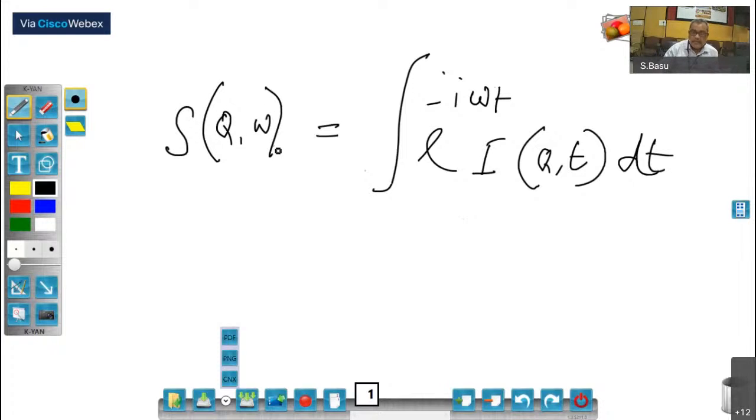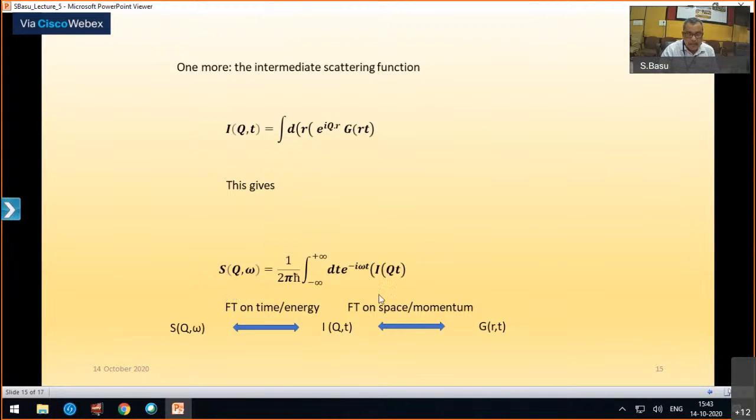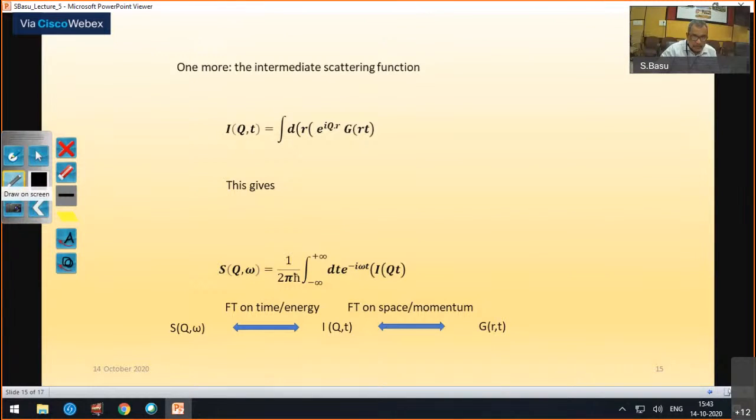Once you are able to digest this much, then we can do some very interesting analysis, which I'll come to shortly. So as I said, S of q omega is a Fourier transform over I of q t.